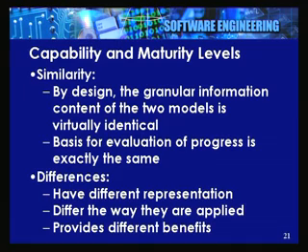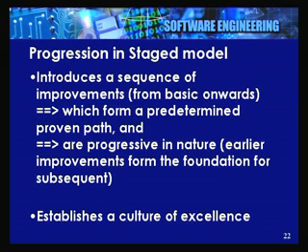So, what happens is, if you look at the progression point of view, in a stage model, you introduce a sequence of improvements from very basic, going from one level to a predetermined next level.